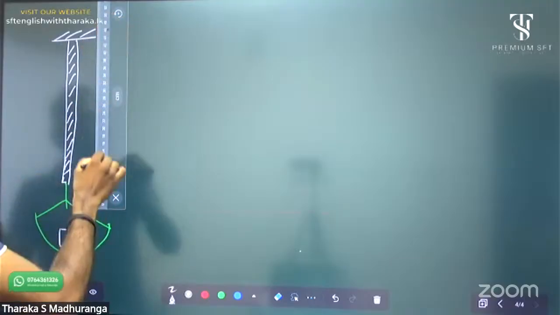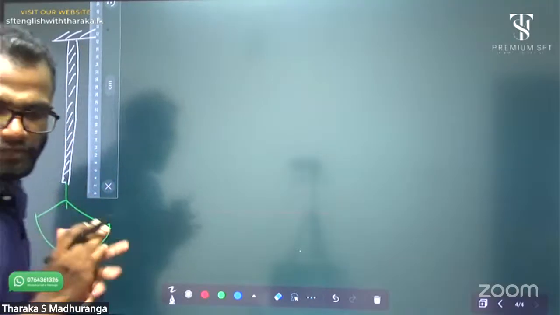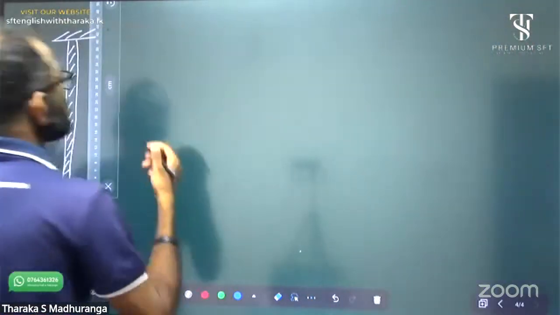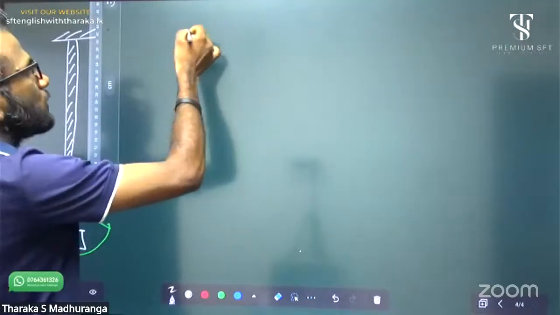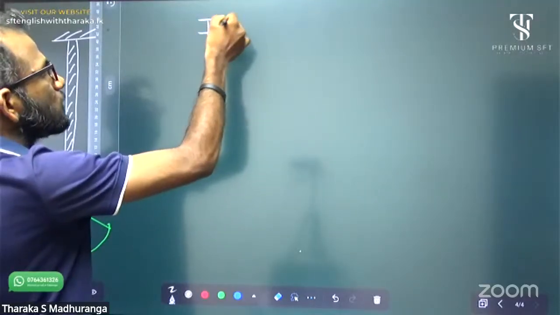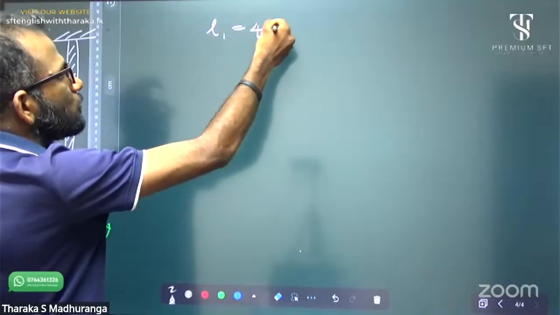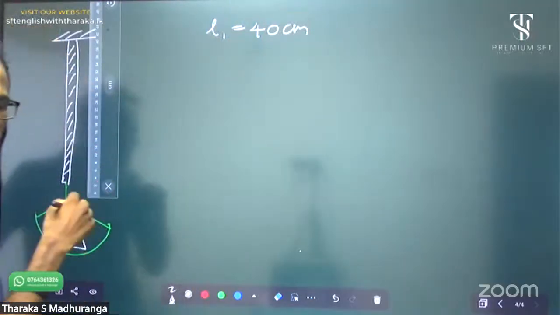It's 40 centimeter initial length, right? Then you can get the final length. Initial length means L1 equals 40 centimeter.